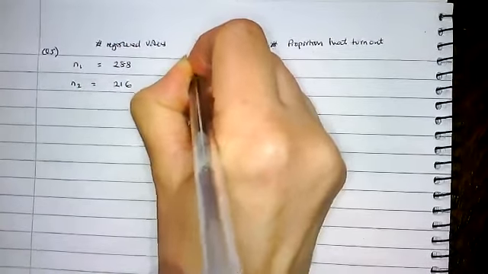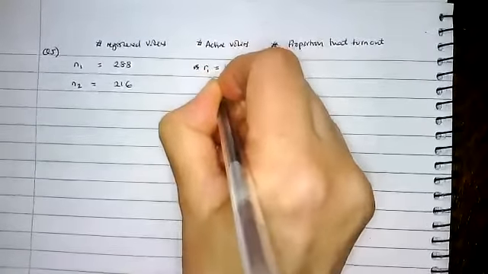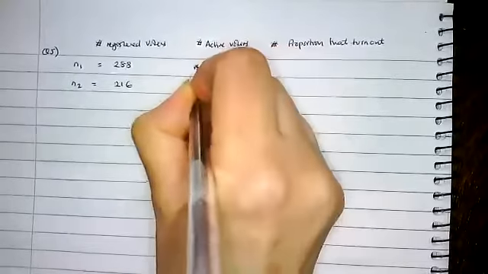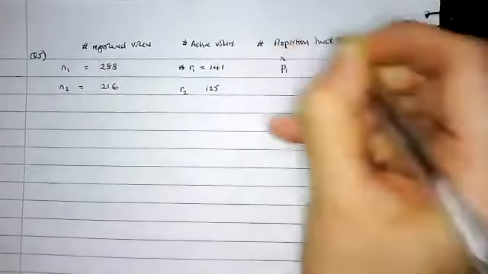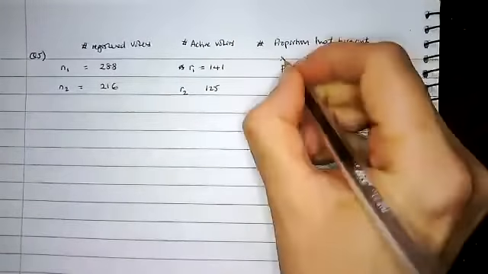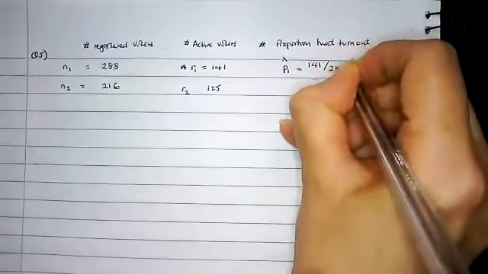I'm going to call these ones R. In terms of active voters, 141 and 125. So our estimate for the proportion of voters that are voting in area 1 is going to be 141 divided by 288.